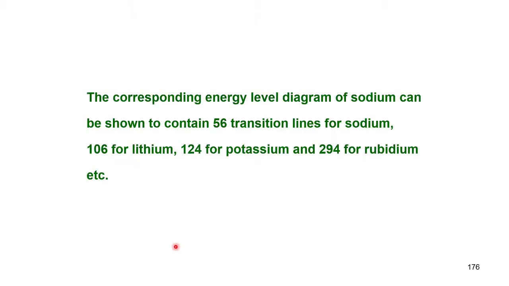1S would give you 1S0. So, the corresponding energy level diagram can be shown to contain 56 transition lines for sodium, 106 for lithium, 124 for potassium and 294 for rubidium. These are the lines you will see in the Grotrian diagram.